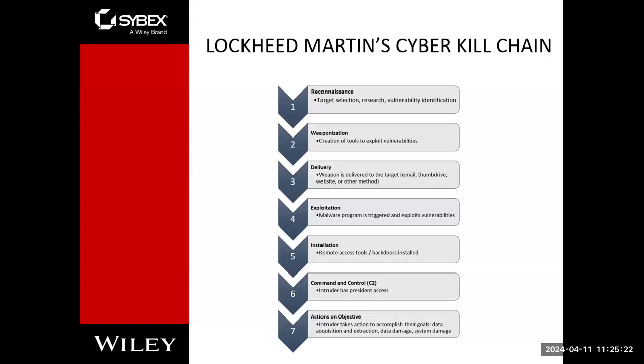So here we have the reconnaissance of an asset, the weaponization of a tool to exploit a vulnerability that was found, the delivery of that weapon, the exploitation of the target, installation of tools for persistence, such as backdoors, implementation of C2, command and control, so that we can maintain said persistence, even if an incident response team tries to take it away from us. And then actions on the objective. So what are we looking for? What is the goal as the offensive actor, the bad actor, that we're trying to achieve?